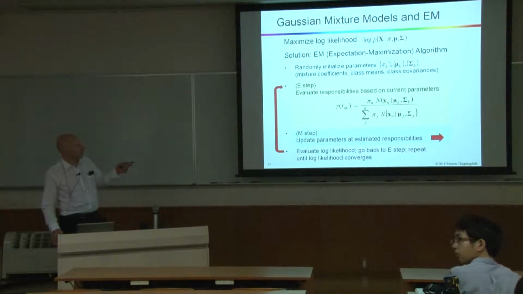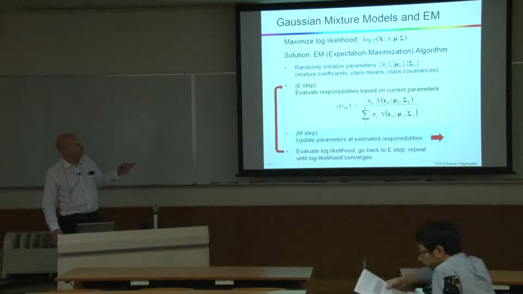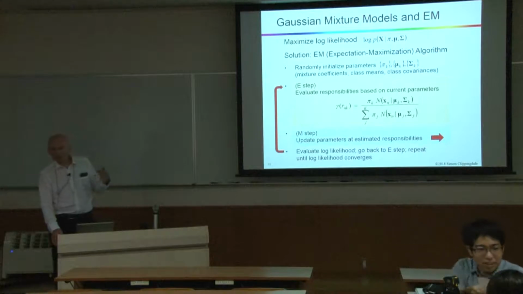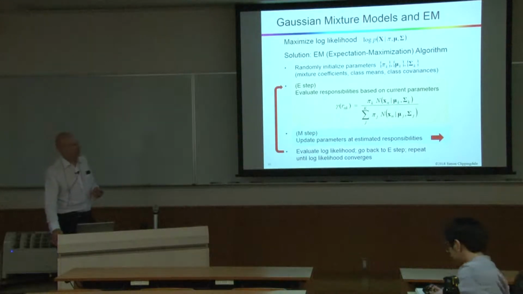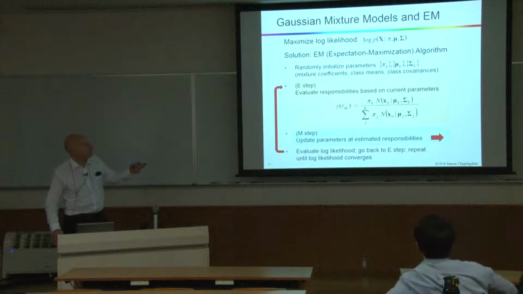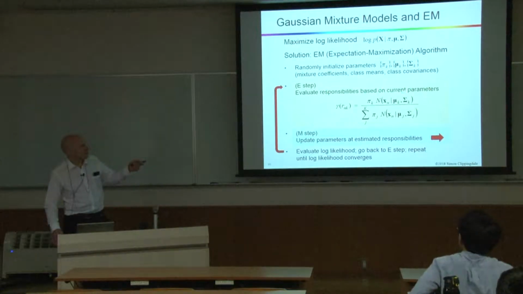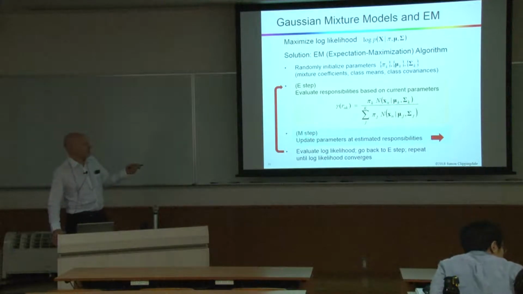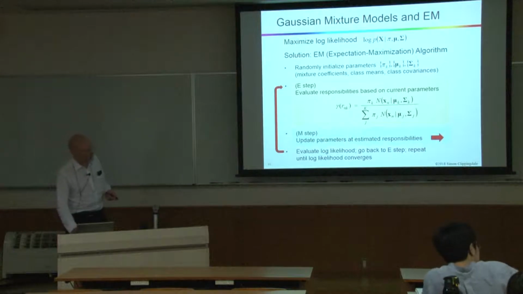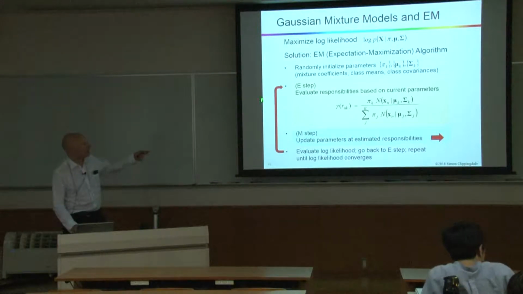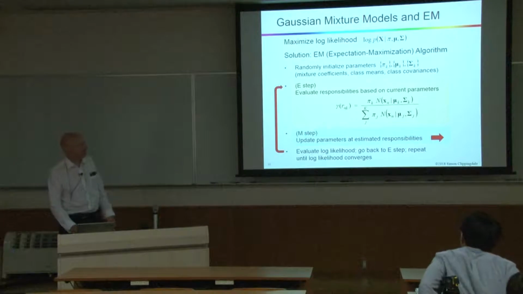Then the E step, we evaluate the responsibilities. These are the probabilities that each point was generated from each of the classes. Evaluate those based on the current parameters, that means the current centroid or mean and covariance of each class. And then at the M step, we update the parameters without changing the responsibilities. And then we go back and keep doing this again until it converges.